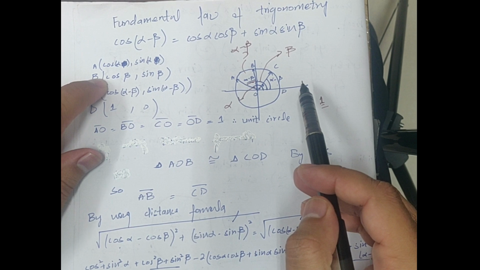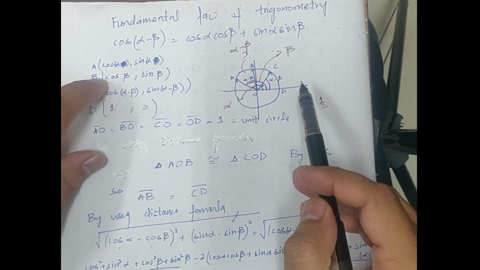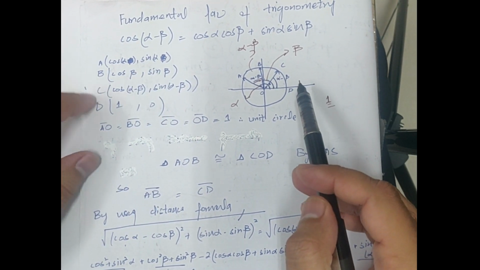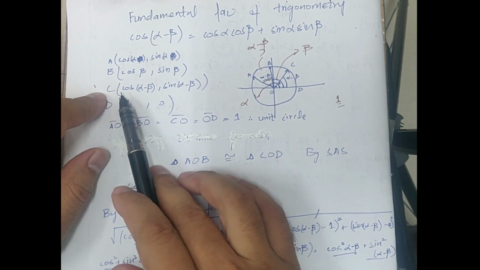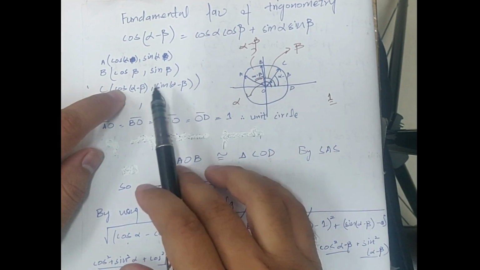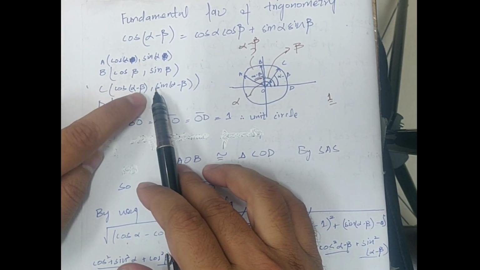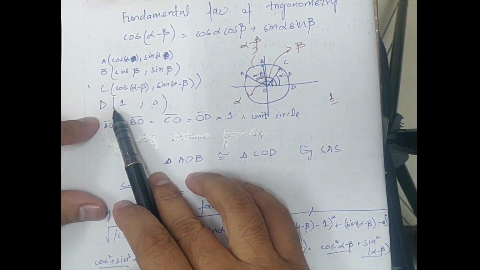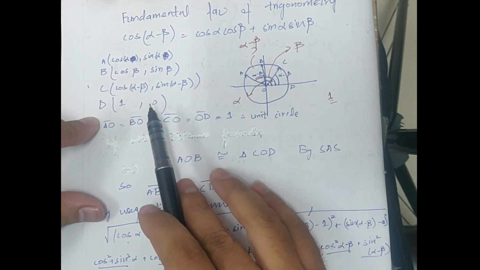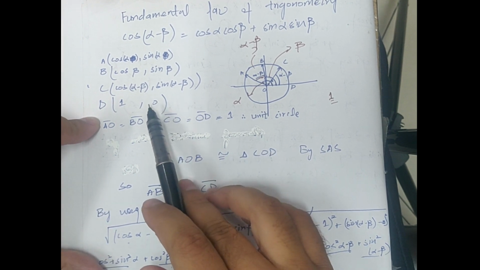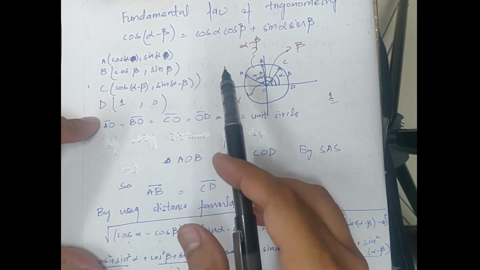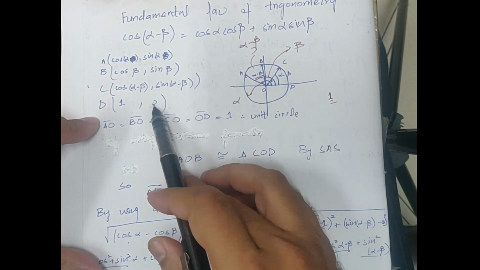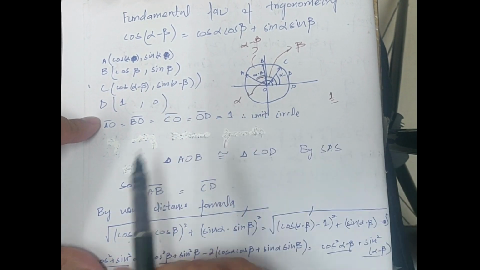So the x coordinate is cos beta and the y coordinate is sin beta. Same is with point C. The coordinates of point C are cos(alpha minus beta) and sin(alpha minus beta), and the coordinates of point D are 1 and 0. The y coordinate of point D is 0 since it's on the horizontal line.